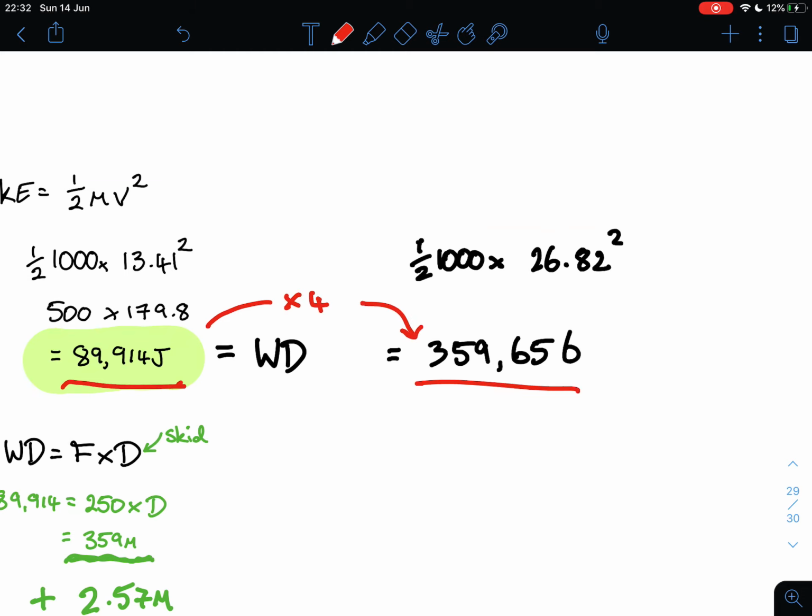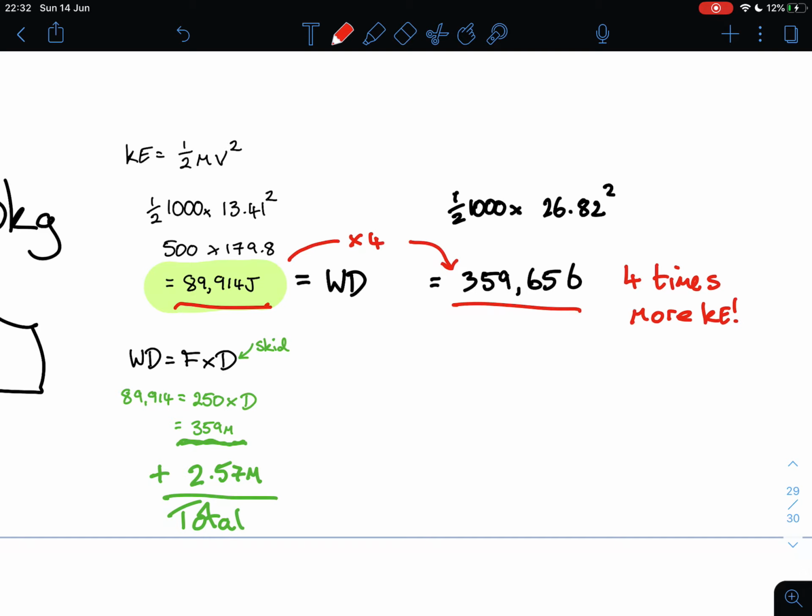When you double your speed, you get 4 times more kinetic energy. 4 times more KE. This is why people get it wrong when they start learning to drive. If you go twice as fast, you actually go 4 times further. So if we now plug our numbers into this, work done is equal to force times distance, and we do 359,656 divided by 250, we get a distance that's 4 times bigger.